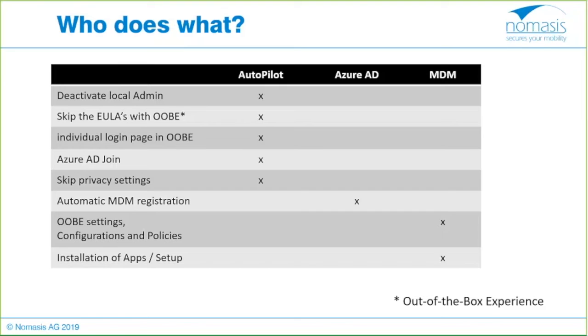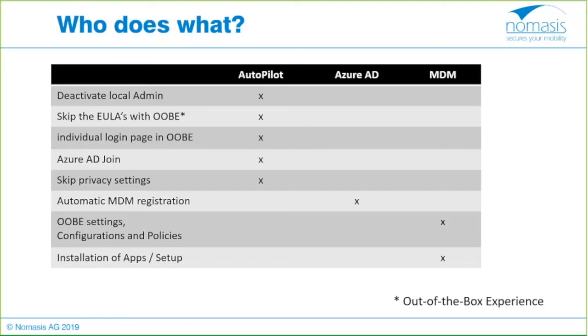So who does what in this whole process of registering the device? First, Autopilot can deactivate the local admin on the device. It can skip, as I already said, the end user license agreements with the OOBE, the out-of-the-box experience.